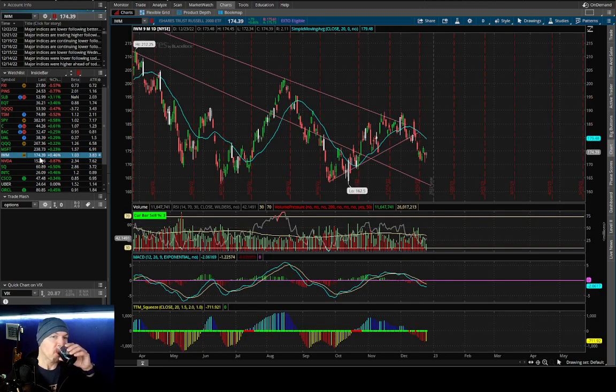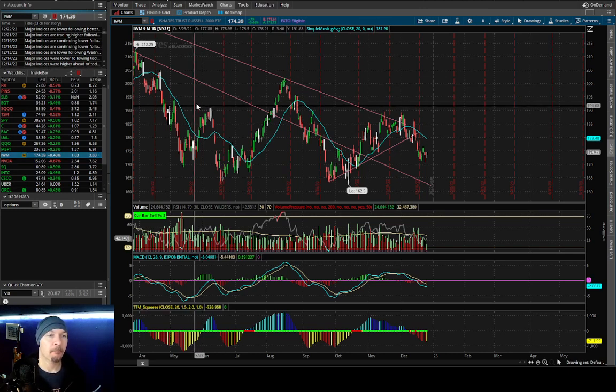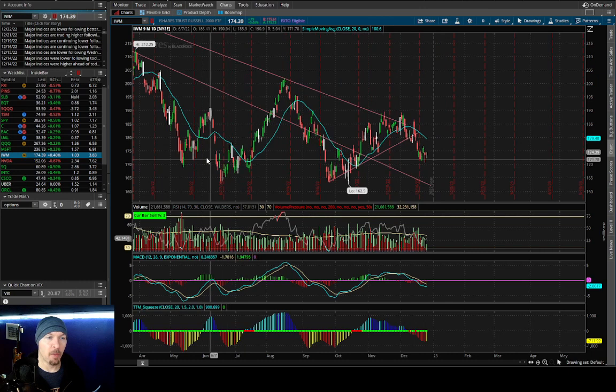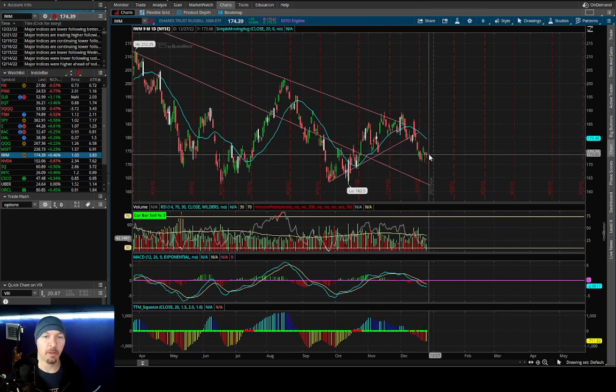IWM, a little bit of a head and shoulder forming here. There's our two shoulders. There's our head. We got to come down here to complete that, but it's not a great space. This one also has a little bit of that diamond bottom look, and we are super close to being able to come back up.